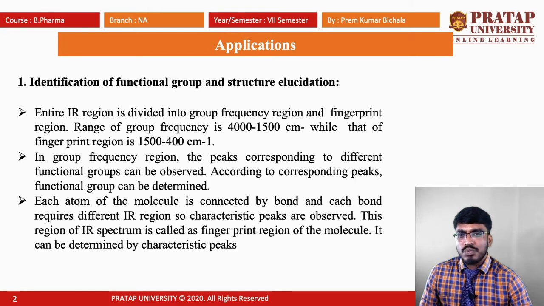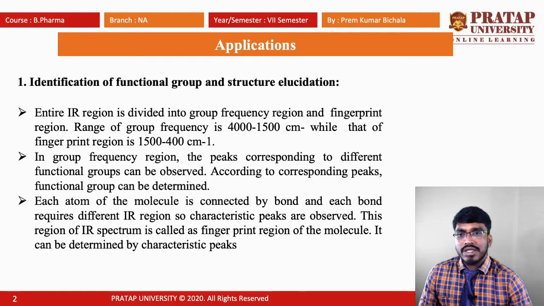In the group frequency region, we can observe different stretching and bending vibrations of different functional groups. Some functional groups show bending as well as stretching vibrations, while some show only bending vibrations or only stretching vibrations.